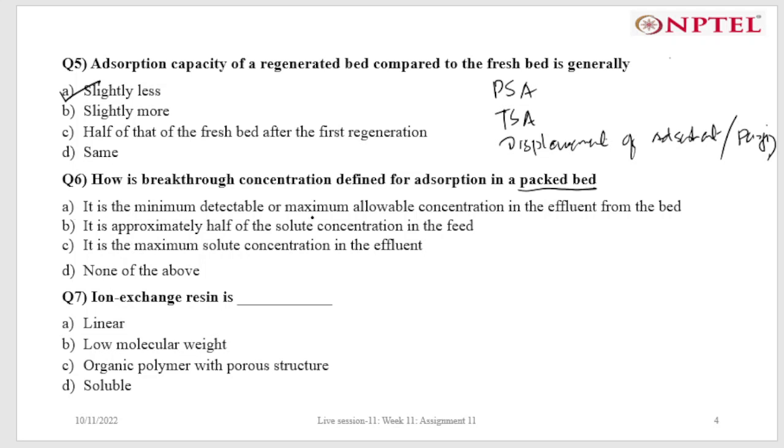It is a minimum detectable or maximum allowable concentration in the effluent from the bed. It is approximately half of the solute concentration in the feed, and C is the maximum solute concentration in the effluent, and then none of them. Anyone? It's a simple one.